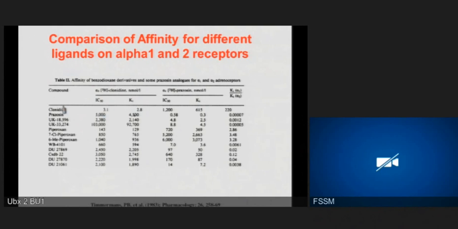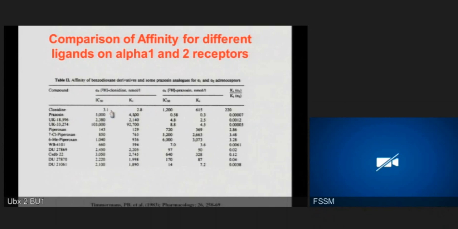But it means that, for instance, they use clonidine to remove clonidine. But clonidine, non-radiolabeled clonidine, and to check the outcome on the radiolabeled clonidine binding. And they found that clonidine, with almost a concentration of 3.1 micromolar, was able to displace 3H clonidine.